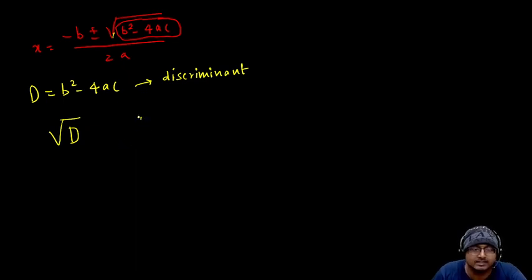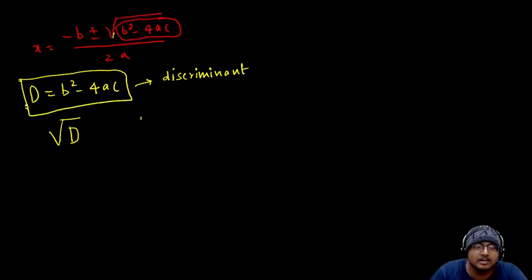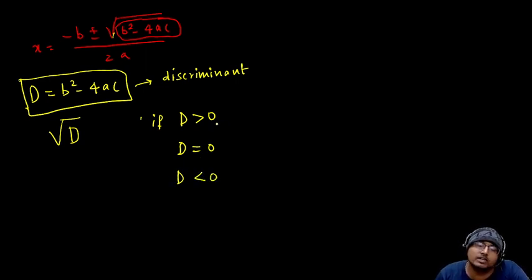First of all, it should be remembered that the part under the root in the formula for the roots, b square minus 4ac, is called the discriminant. If D is greater than 0, what will happen? If D equal to 0, what will happen? If D less than 0, what will happen?